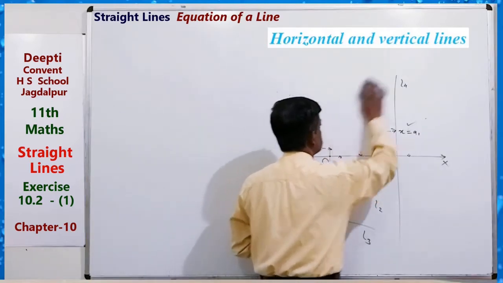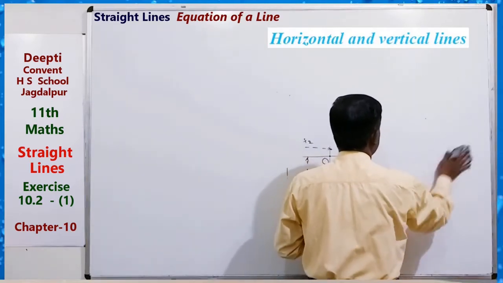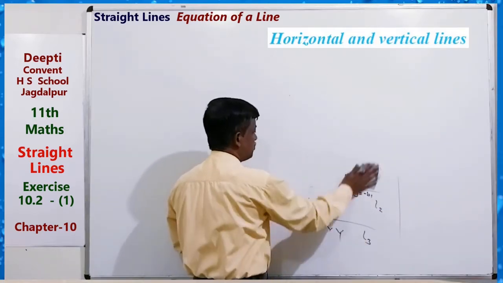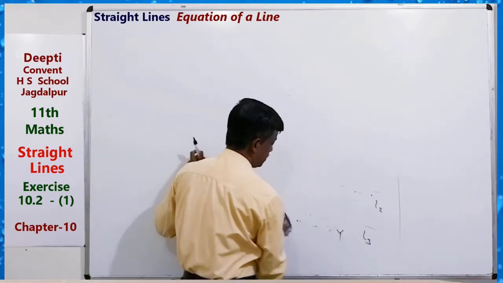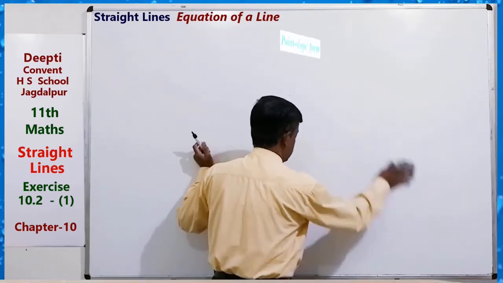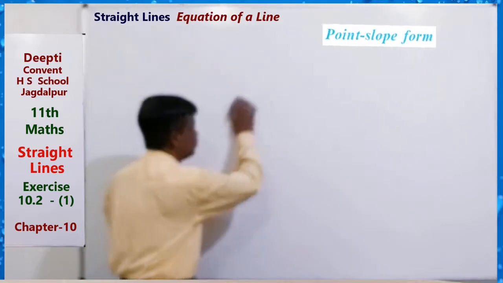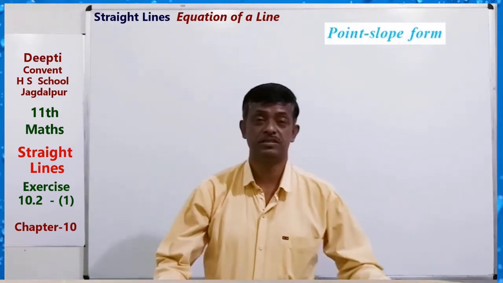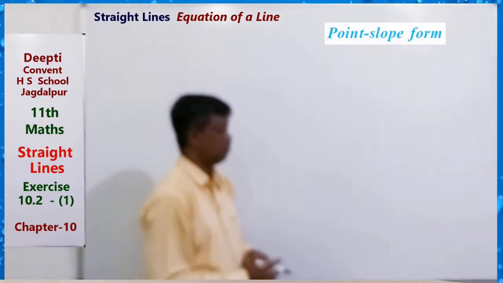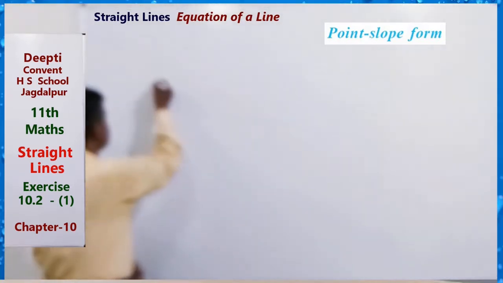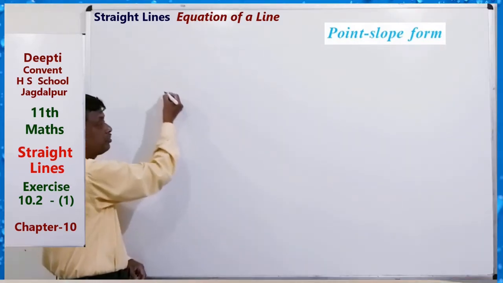Point slope form means a line can be drawn in a two-dimensional plane using two conditions: the line passes through a point and has a given slope.